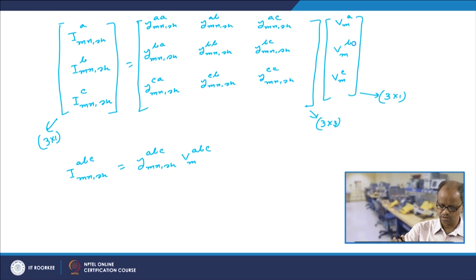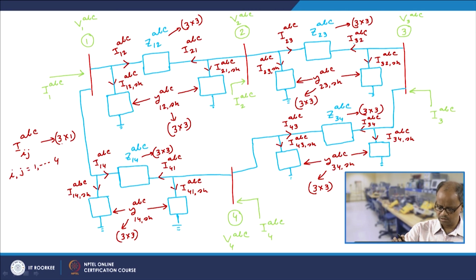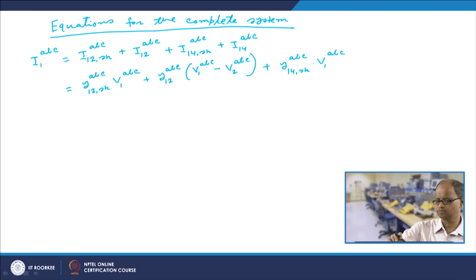Please look at this: because this shunt branch is also ultimately connected at this bus, I14 SH ABC would be this admittance matrix into this particular voltage vector, plus I14 ABC is Y14 ABC into V1 ABC minus V4 ABC.